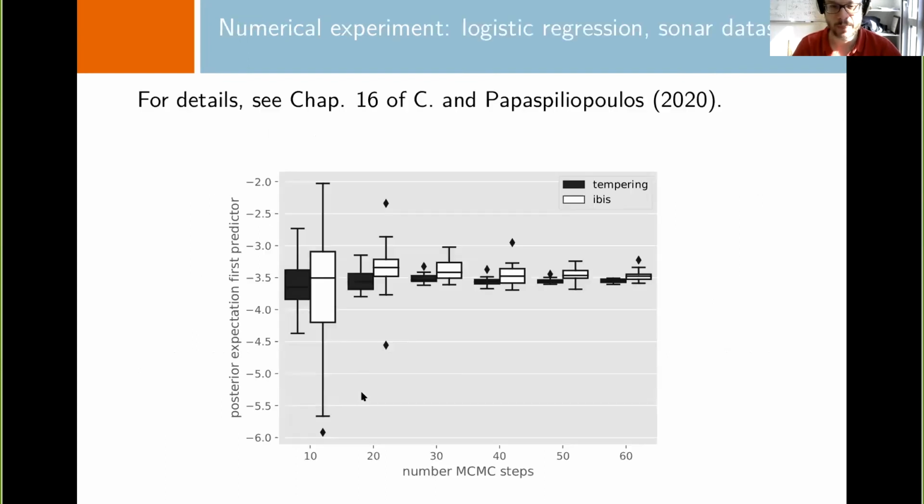I will show you. This is taken from my book with Omiros, and I'm not going to discuss the actual setting, but we have two kinds of SMC algorithm here, and this is the number of MCMC steps, and these are box plots of some estimate we compute from the algorithms when we execute the algorithm many times.